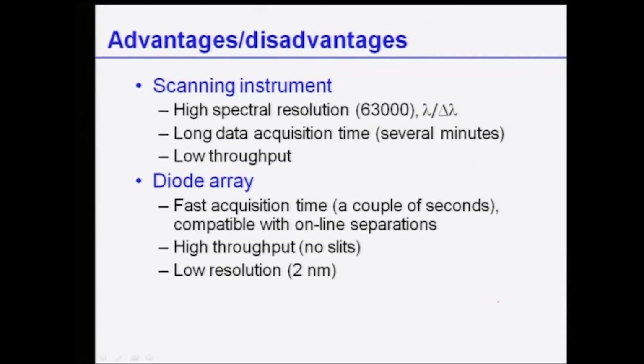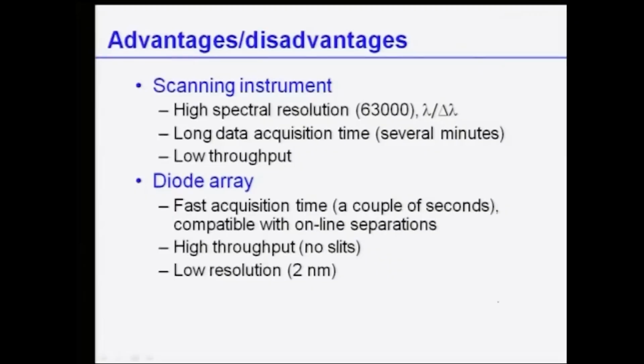Diode array has a very fast acquisition time, because it determines the intensity of the radiation coming at different wavelengths after it passes through the sample, and normally it takes a couple of seconds in comparison to several minutes. It is compatible with computers, has very high throughput, and there are no slits, but its problem is very low resolution.